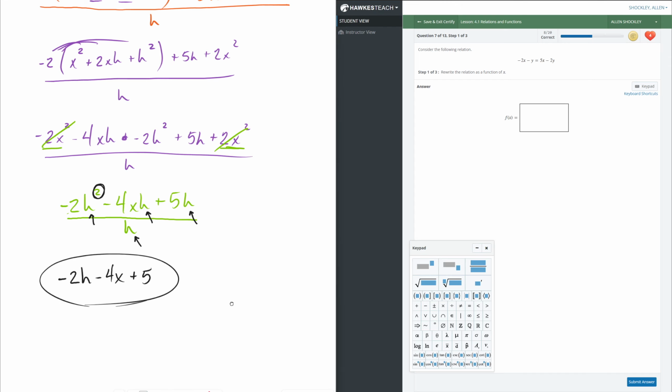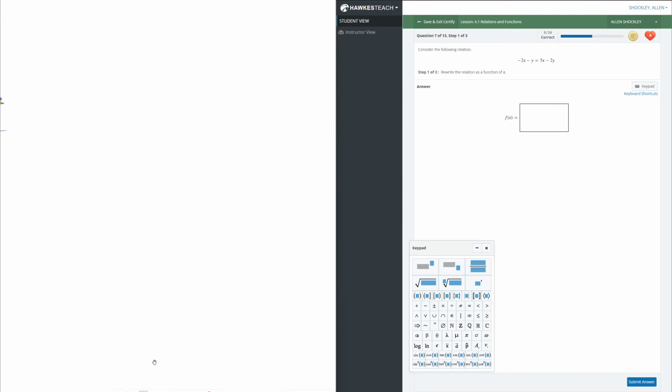For the next one, we are rewriting as a function of x. When it says rewrite as a function of x, you would think that you're getting x by itself. You're not. You're actually getting y by itself. This part right here really helps in figuring out what they're actually wanting you to do.